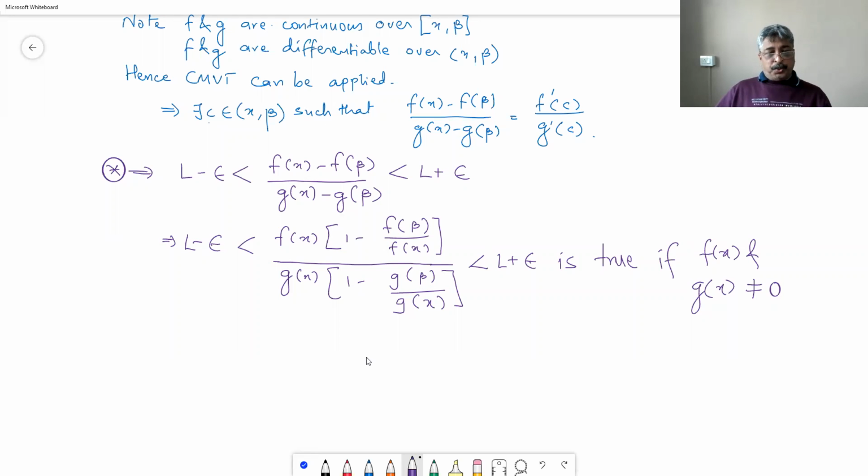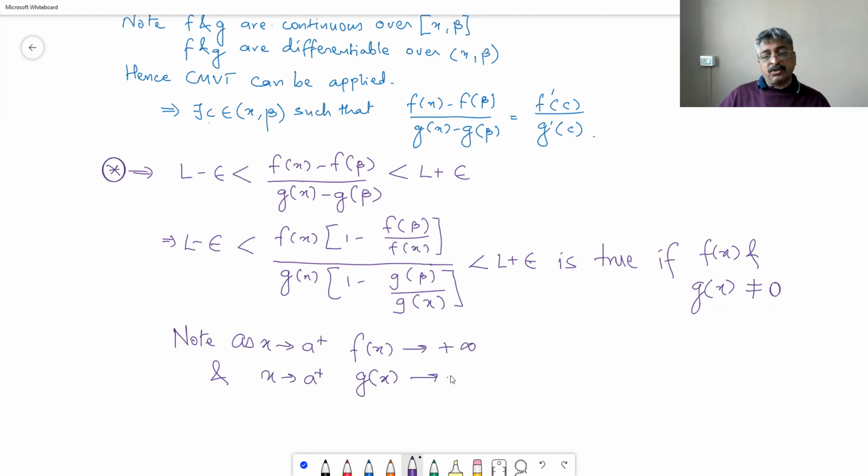But if this is true, note, as x tends to a plus, f of x tends to plus infinity, and as x tends to a plus, g of x also tends to plus infinity, right?